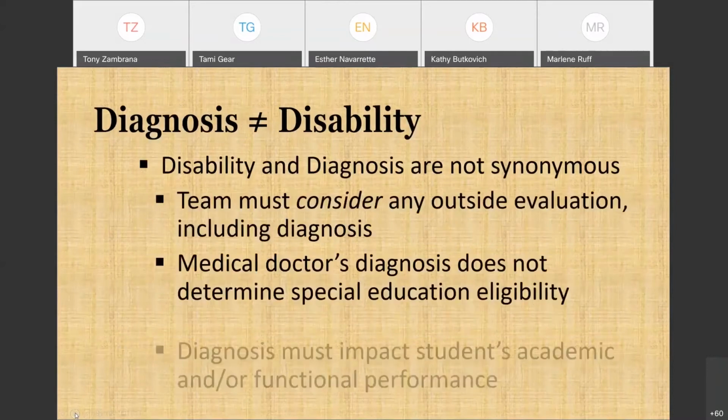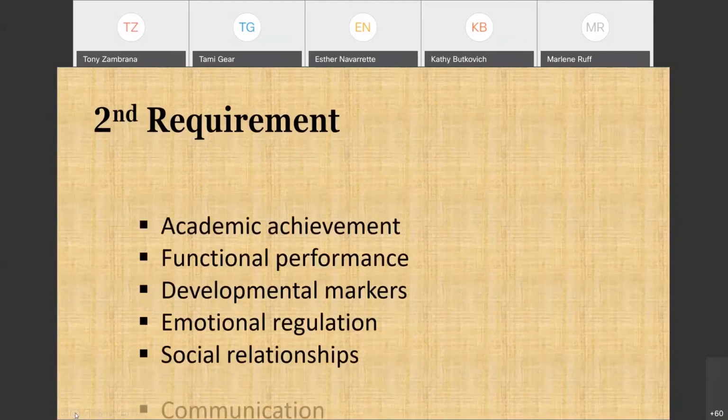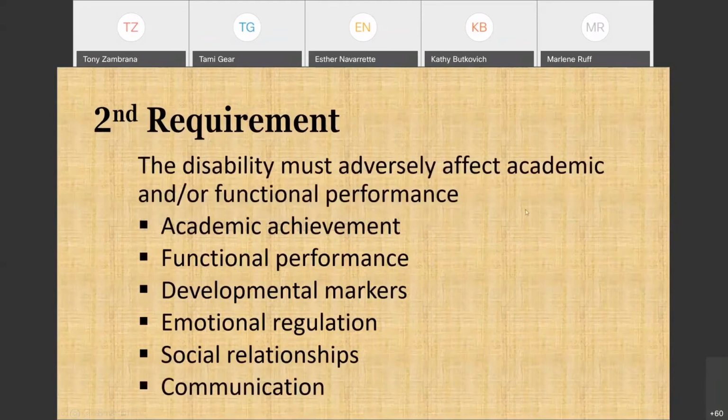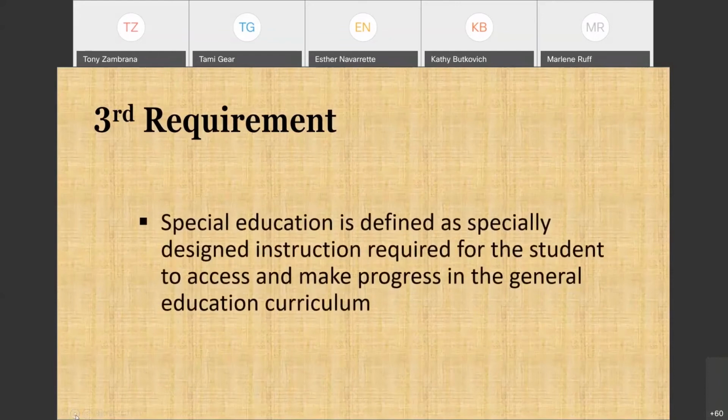The question then is, is it affecting their academic performance? Are they able to communicate with their teacher? Is their teacher able to understand them? A slight speech language impairment may need some speech language services, but is it affecting their academic or functional performance? So again, they have to have specially designed instruction to access that.